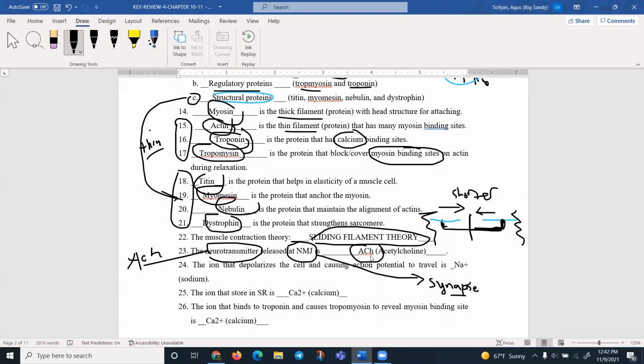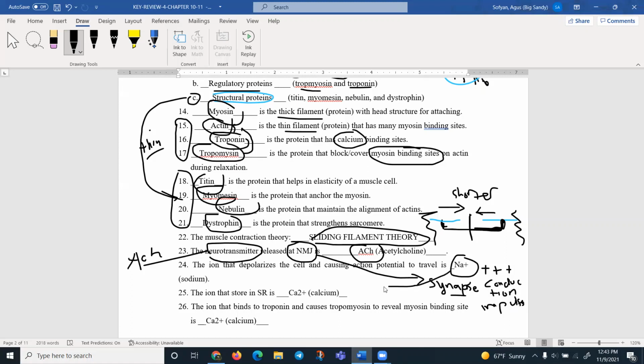And then this acetylcholine, when it is attached to the receptor on the sarcolemma, will open the sodium channel, and sodium will enter into the muscle cell. It increases the electricity. So this is called the conduction, the impulses that will increase the electricity inside the muscle cell.